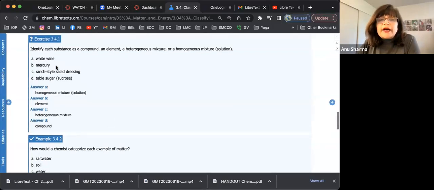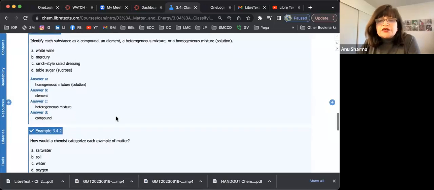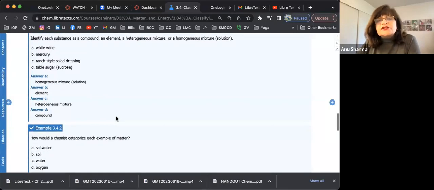I want you to go back and think about other things you see in the kitchen, whether they're homogeneous, heterogeneous, an element, or a compound. You can see elements in your kitchen also. For example, aluminum foil, that is an element. Or let's say you have an iron skillet, something made up of iron.